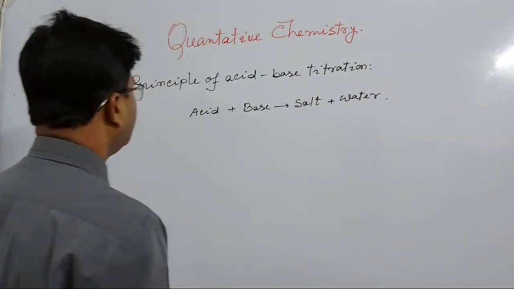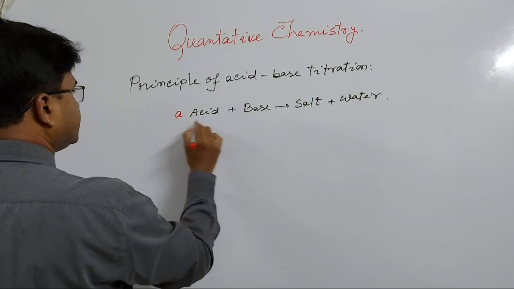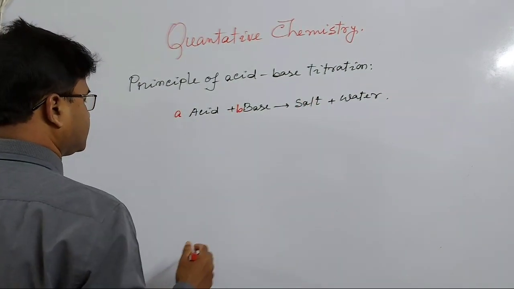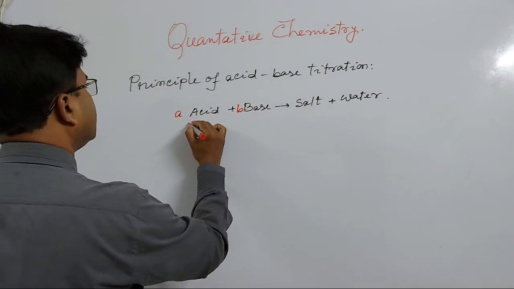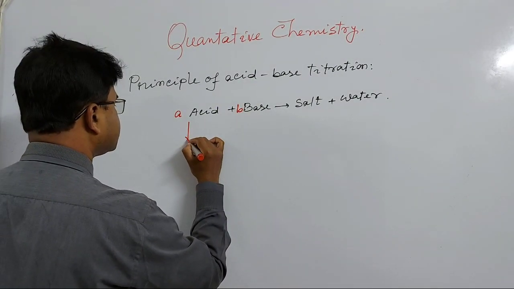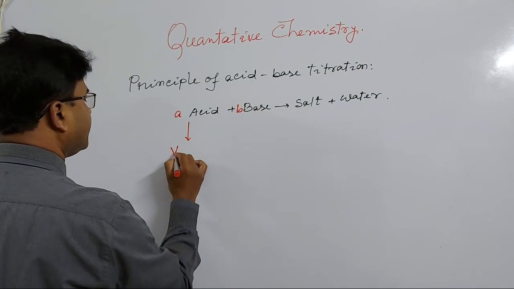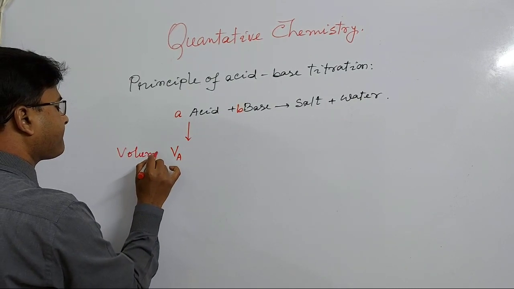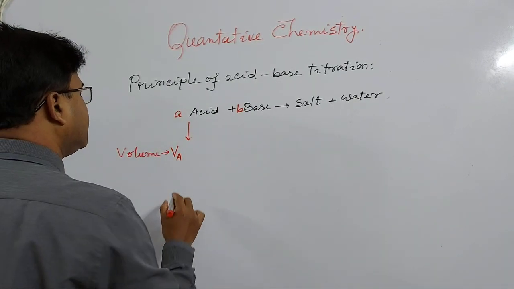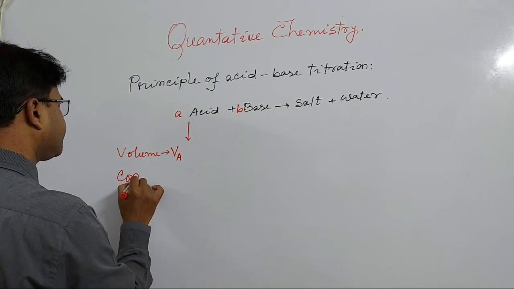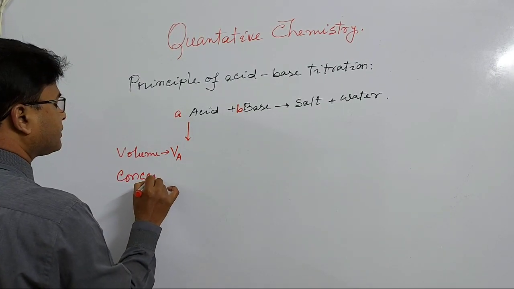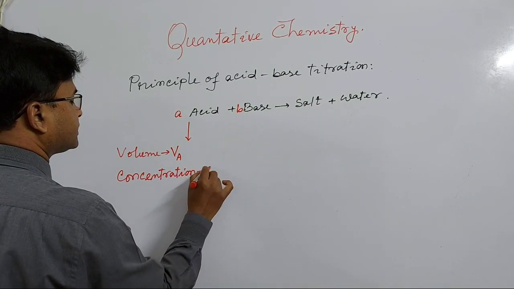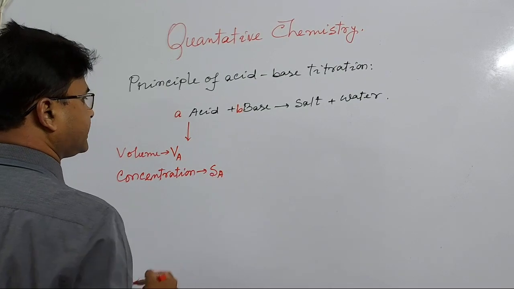Let A mole of acid reacts with B mole of base to produce salt and water, and the volume of acid is Va and the concentration of acid is Sa.